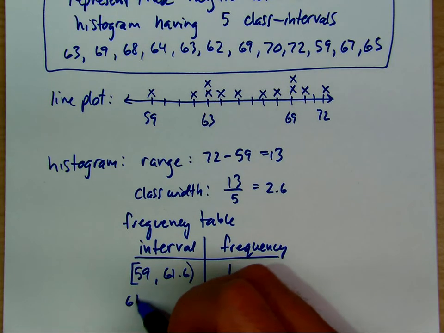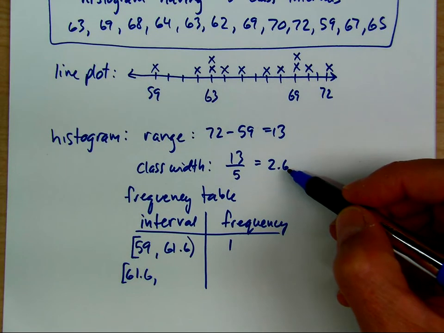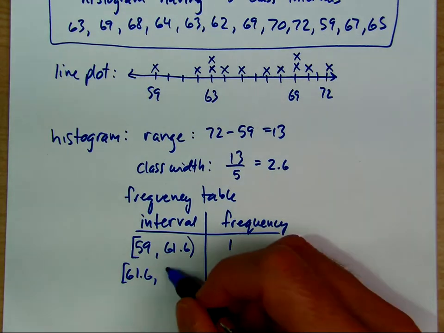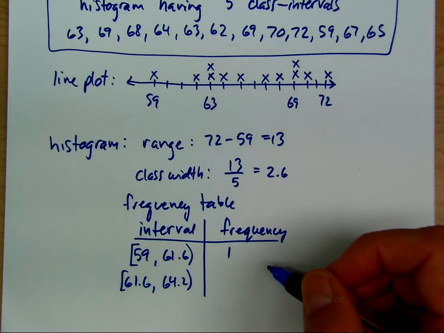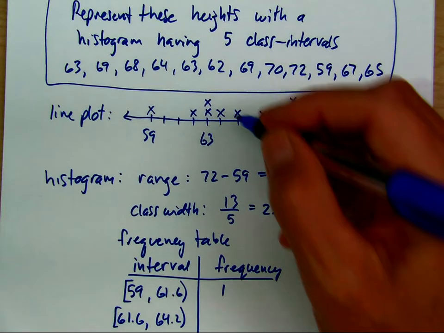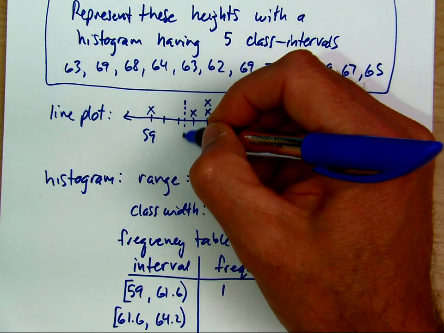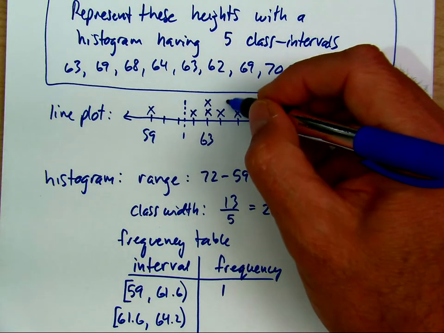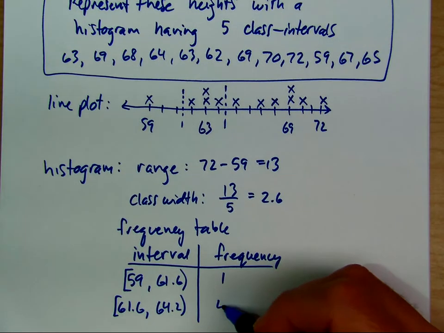Start at 61.6, add 2.6, and that takes us to 64.2. And we look at that interval, 61.6 to 64.2, and we see that there are 4 values there.